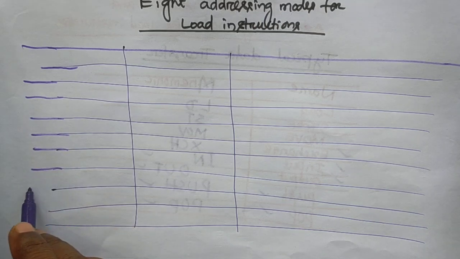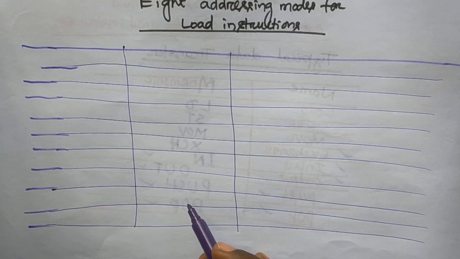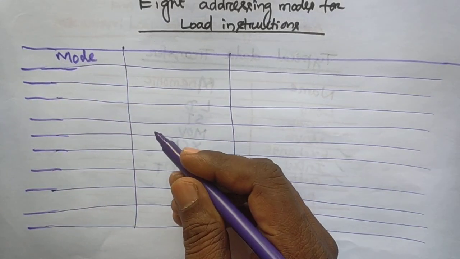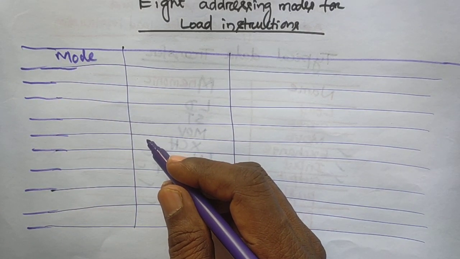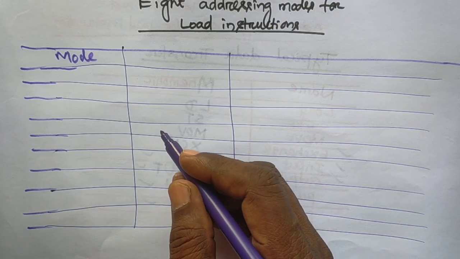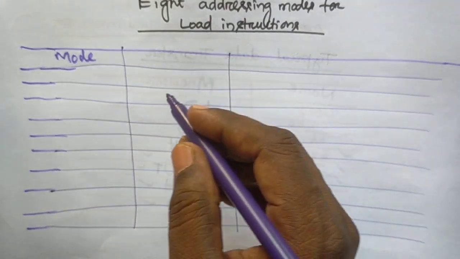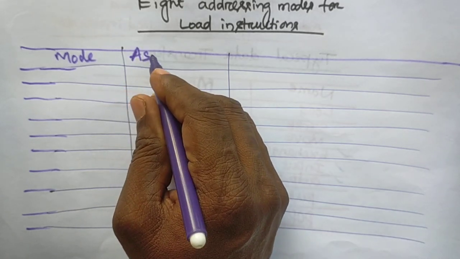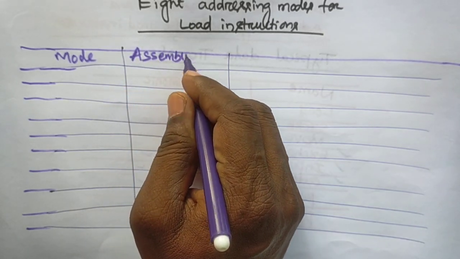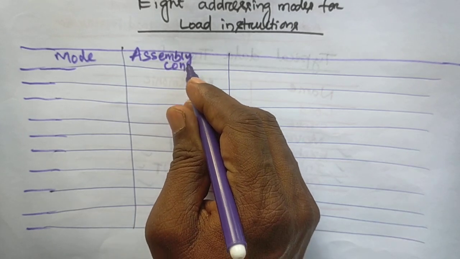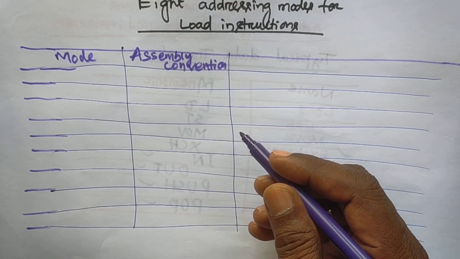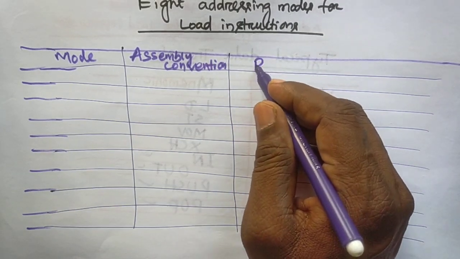What are the modes, what is the corresponding assembly convention or assembly instruction, and then the register transfer. We will see the assembly convention and register transfer here.